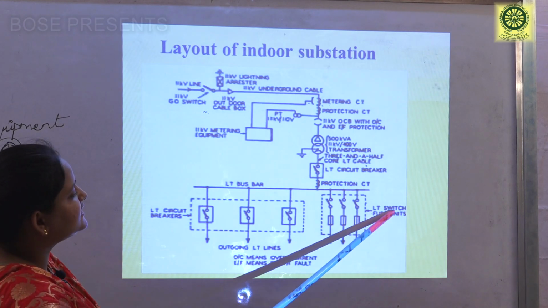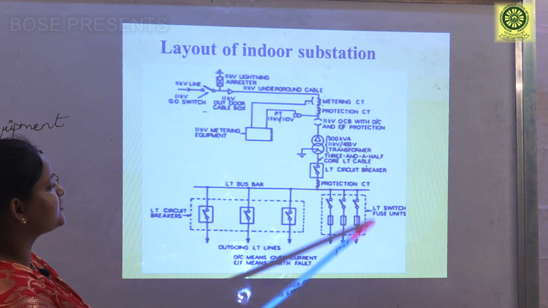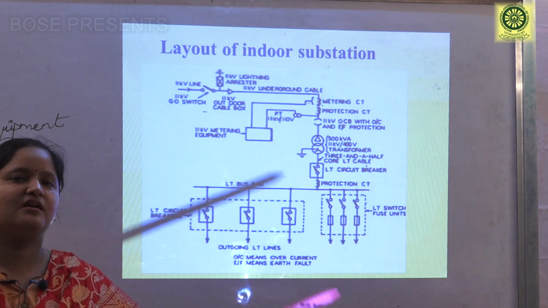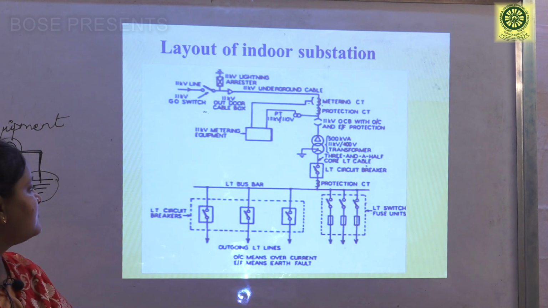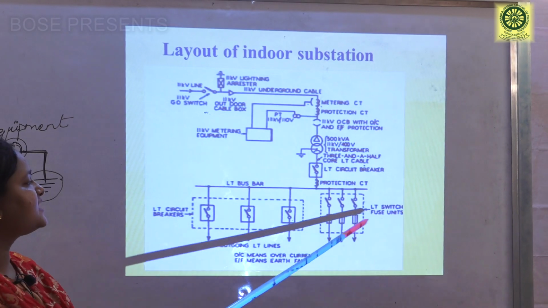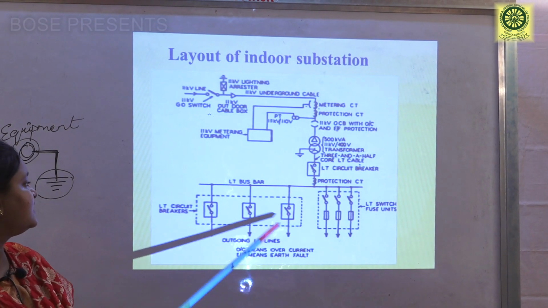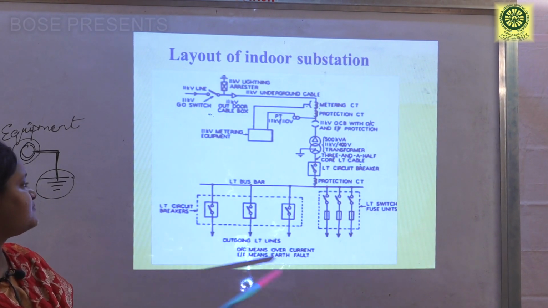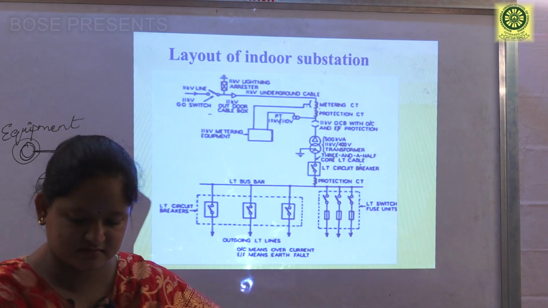Now this is the LT switch fuse units. These are the fuse units. If some fault occurs, the LT fuse units will operate and disconnect the bus bar from the supply.